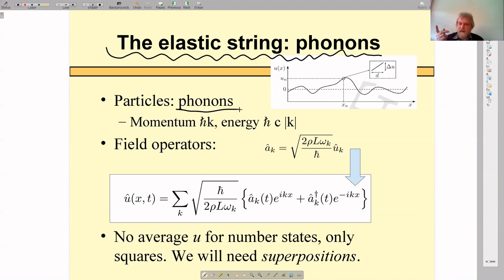They are characterized by momentum, which is made from the wave vector. They are characterized by energy, which corresponds to the frequency of these oscillations, right? This is the dispersion law for the frequency.